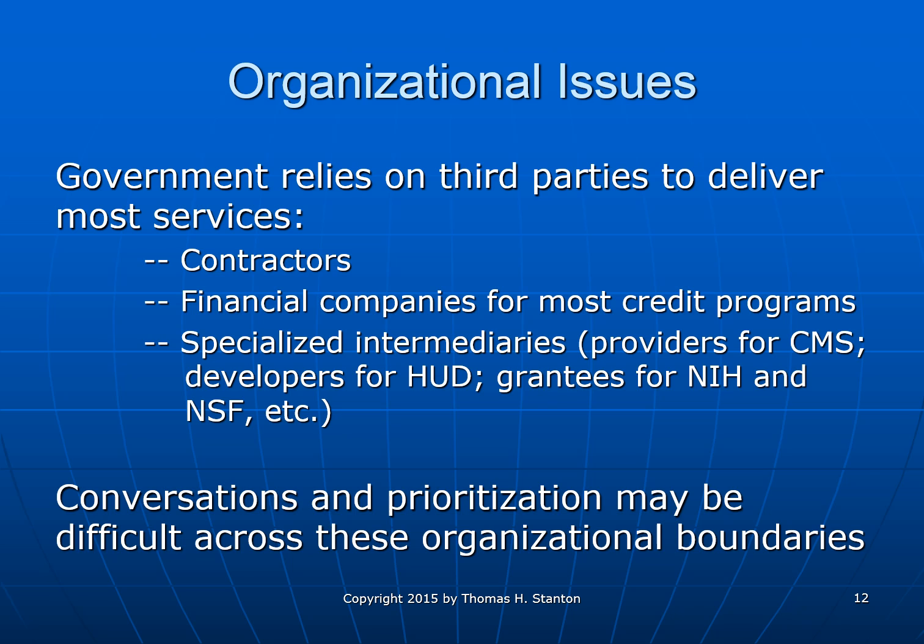From the perspective of enterprise risk management, the problem is that conversations and prioritization may be difficult across these organizational boundaries. It may be quite helpful to give some thought, for example, to ways that you can build into the performance requirements of contractors that the contractor surface bad news promptly and not simply try to bury it and go on to the end in hopes that the vulnerability will go away.